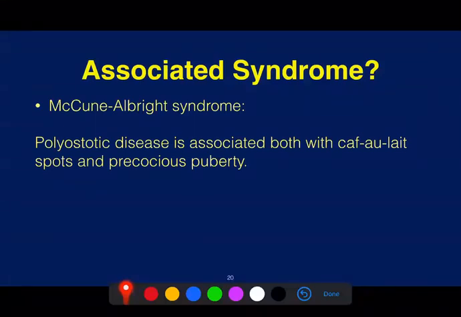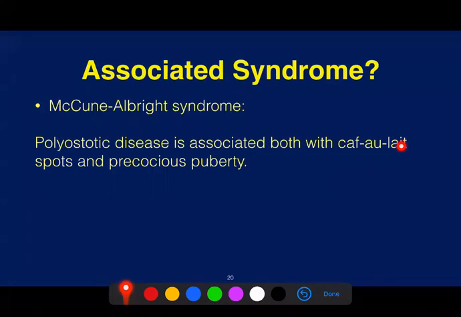And it's associated with cafe au lait spots and precocious puberty. That's why it's useful to ask the parents and examine the child for any cafe au lait spots, and ask about puberty compared to his or her brothers and sisters. So this is mainly polyostotic disease. The orbital part of fibrous dysplasia usually gets affected.